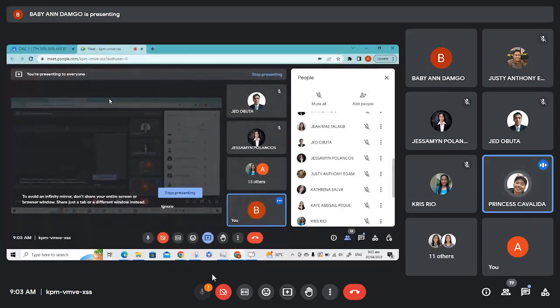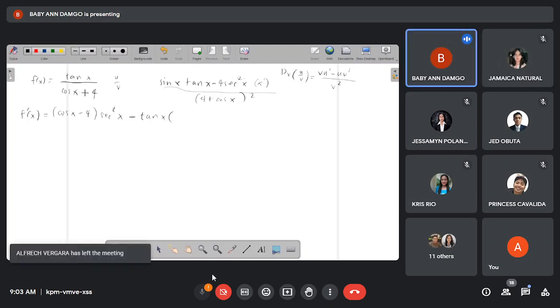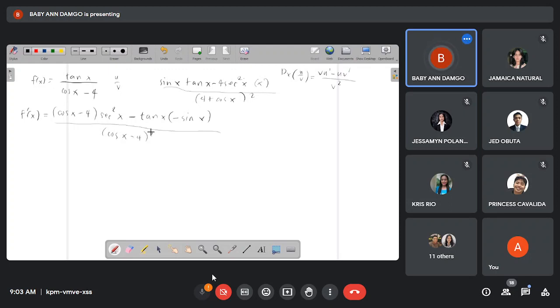Secant squared x. So, minus tan x times the derivative of cosine x minus 4, which is minus sine x, all over cosine x minus 4 squared.